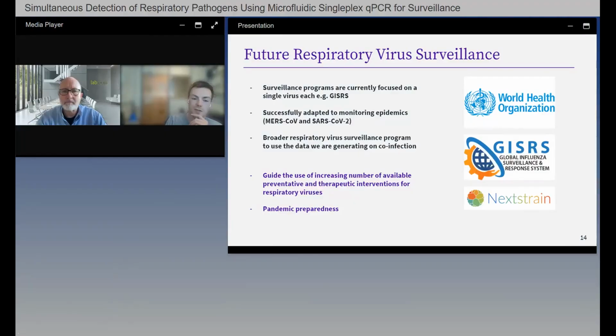Once you've got a positive on a sample, there's no reason why that can't be fed into a sequencing pipeline, and then you can gather more detailed data on strain than if you just had a qPCR panel that managed to resolve the strain. So I think sequencing is sort of a next step of surveillance, and is definitely something that these sort of systems could feed into.